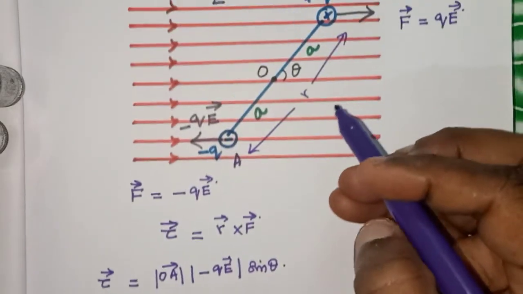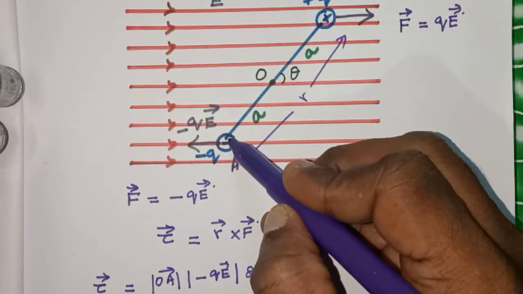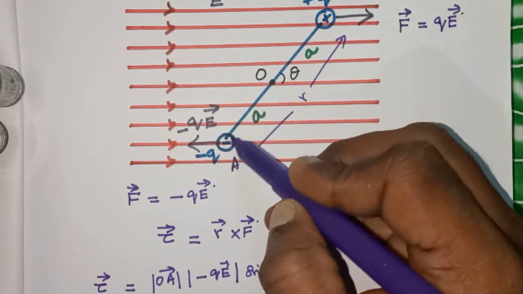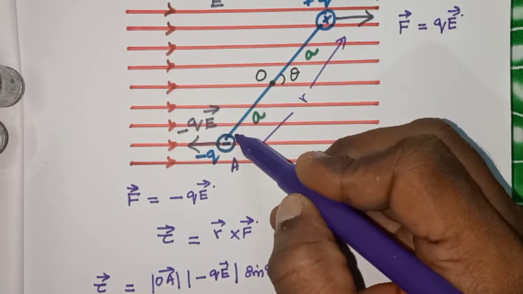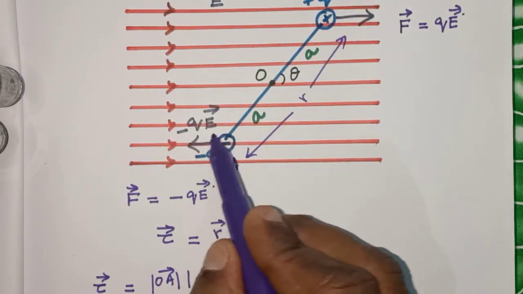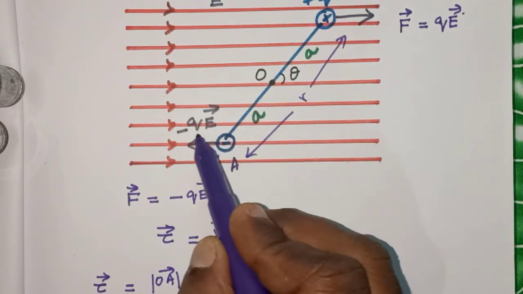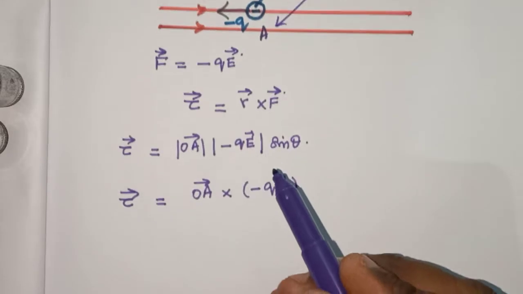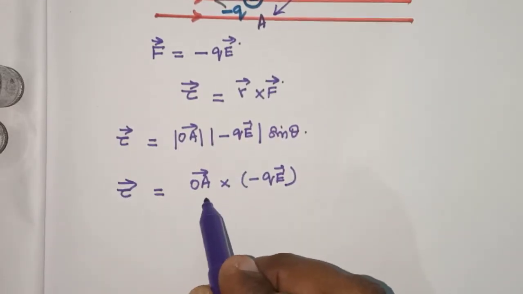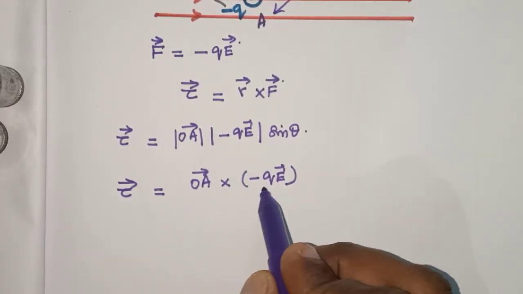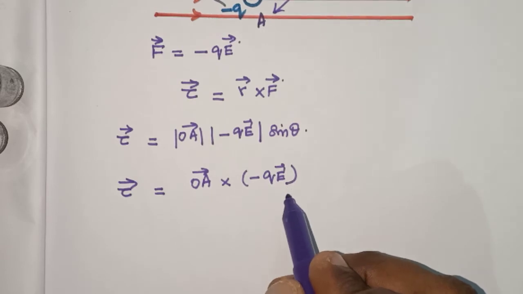This OA is the position vector and this is the force. So tau is equal to OA cross minus QE vector.